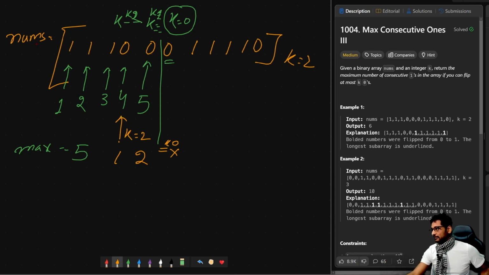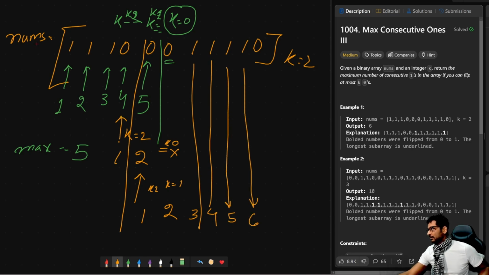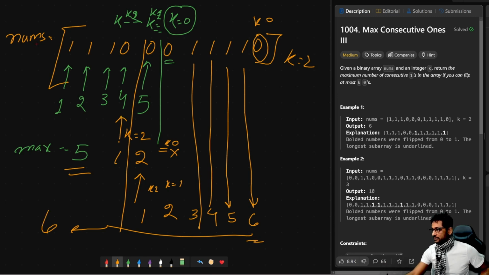Then we again calculate from the second 0: 1, then 2, so k will become 0, 1, then 2 here. Then 3, 4, 5 and 6. When we reach this 0, our k is already 0, so we cannot consider it. So for this index, our max will become max of 5 and 6, so 6.